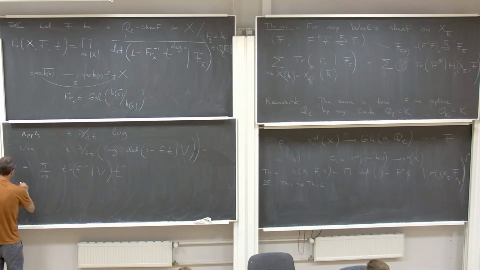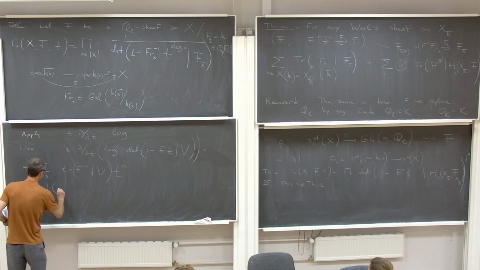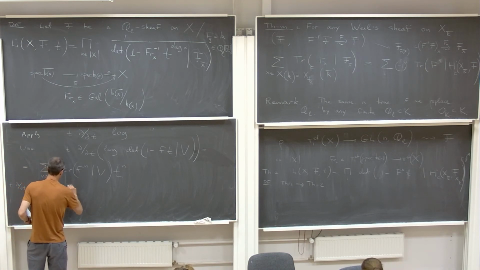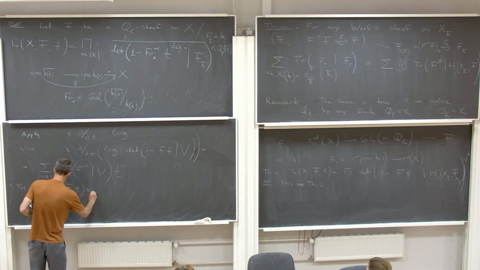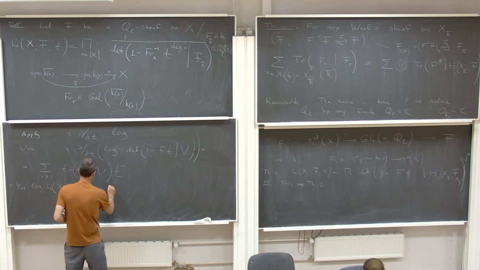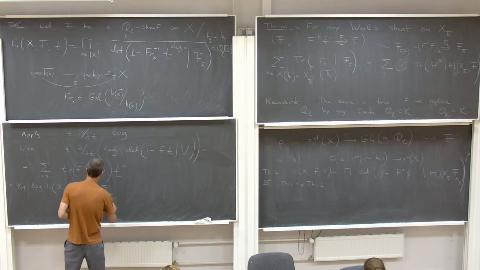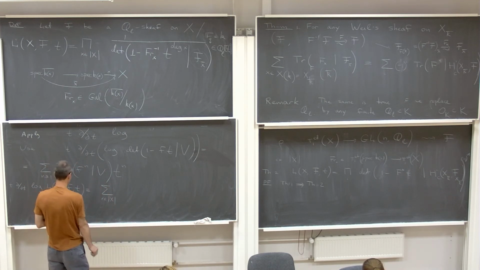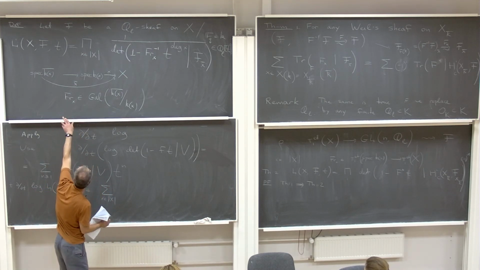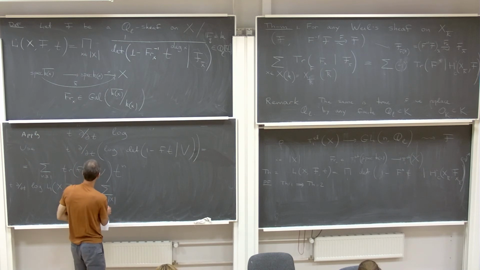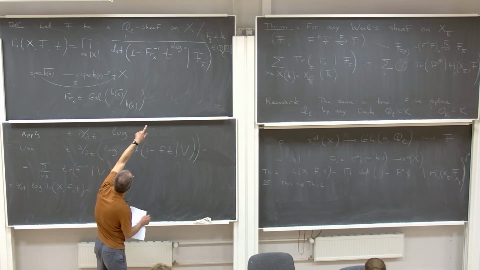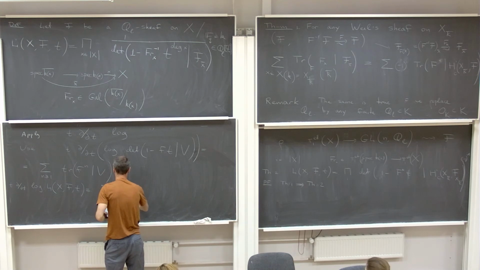t d over dt of the logarithm of the L function L(X, F, t). Well, that's the following. You take the sum. Here I just formally apply this property: the logarithmic derivative of the product is the sum. Now, because I have degree x there, I'll need to put it here.